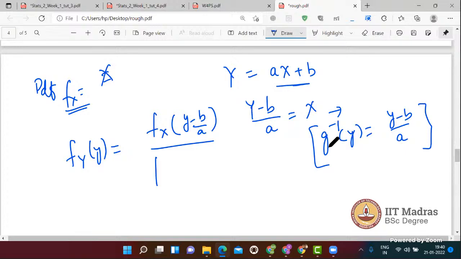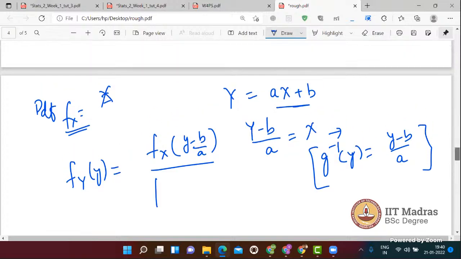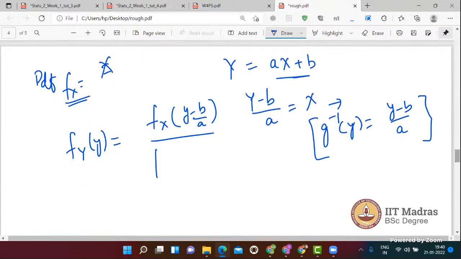Yes, sir. So what can we write? One second. If we do the differentiation of this function, 1 by, no, this A. Okay. Differentiation of y upon dx.